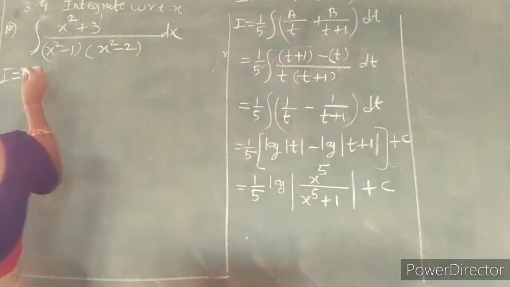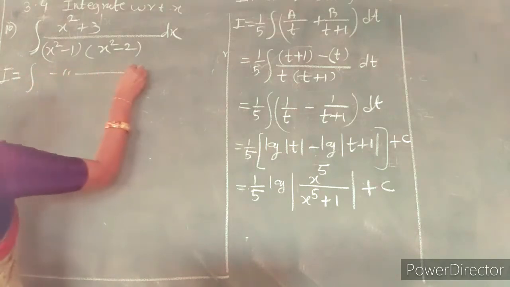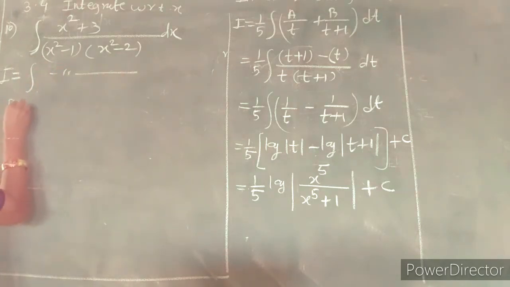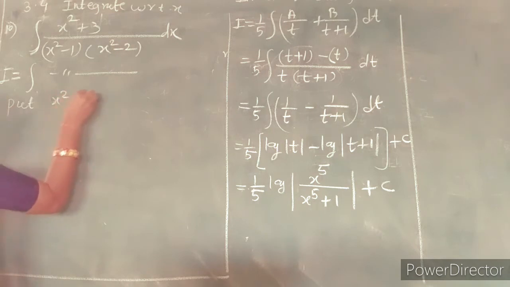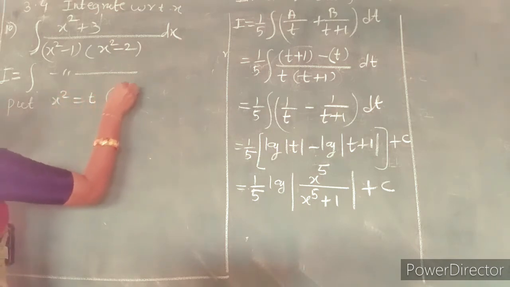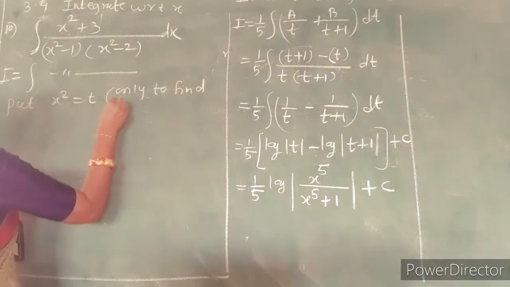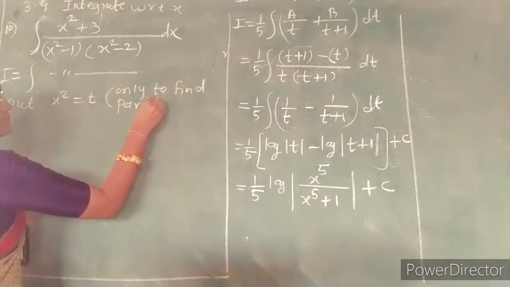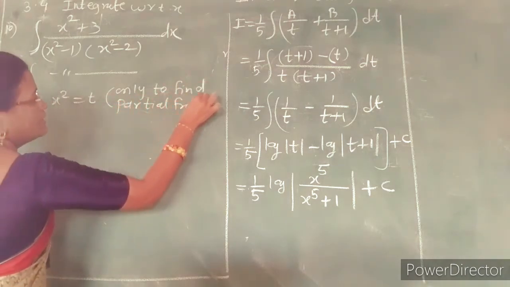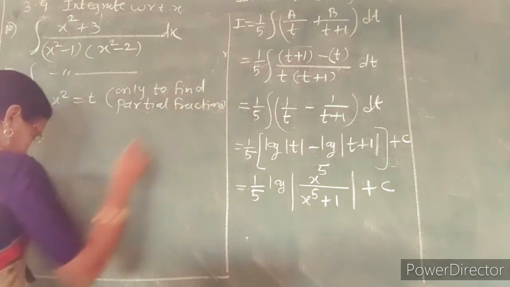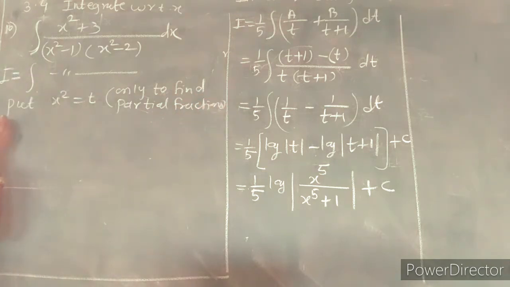Here we take integral I. We put x square equal to t only to find the partial fractions. So we take this as t plus 3 upon t minus 1 into t minus 2.